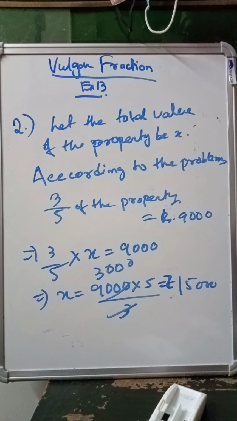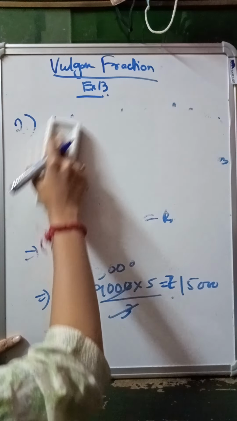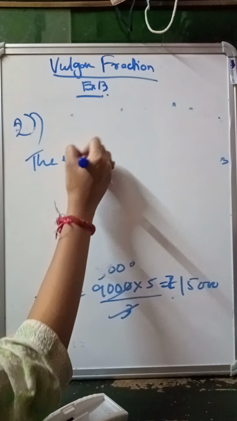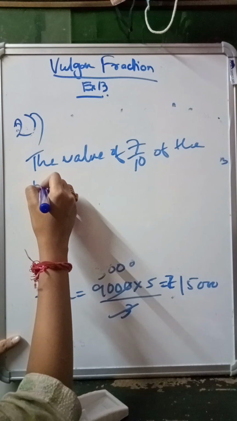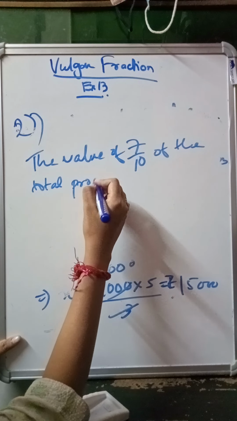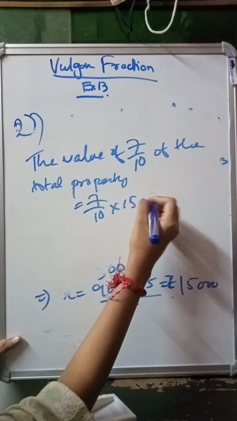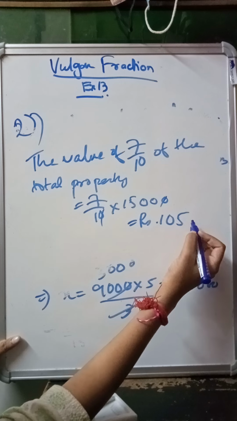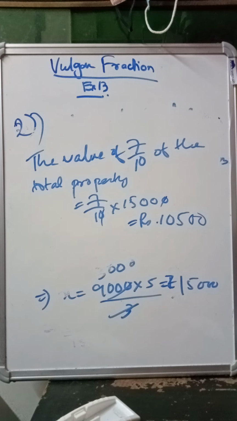Now we need to find the value of 7 by 10 of it. So the value of 7 by 10 of the total property will be how much? 7 by 10 into 15,000. The 0 and 0 will cancel out, so this is 10,500.